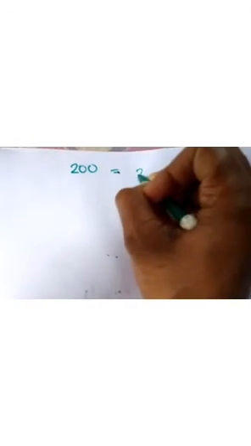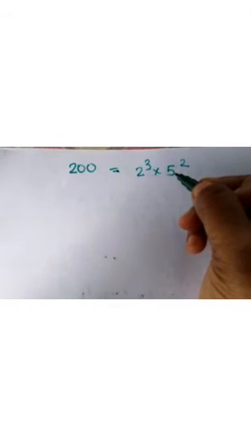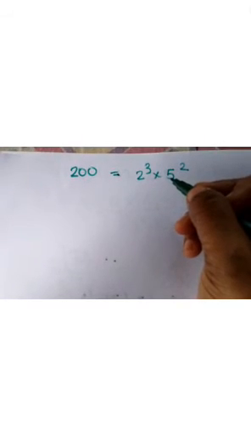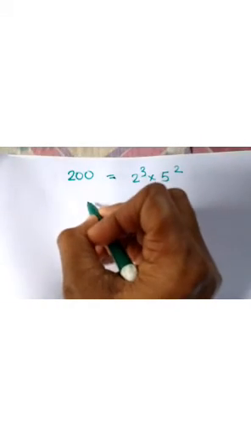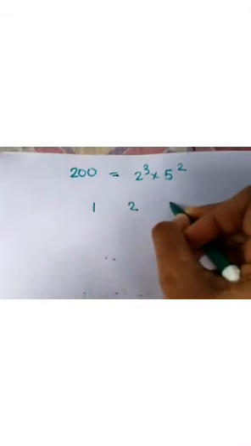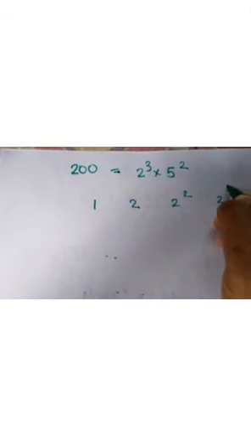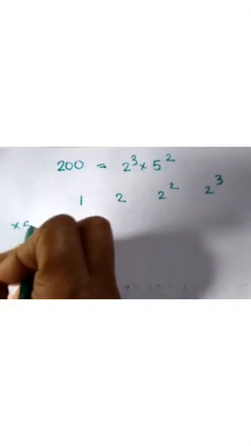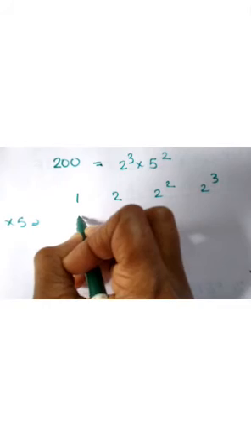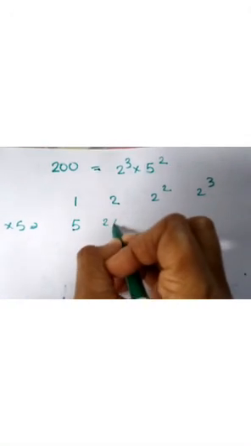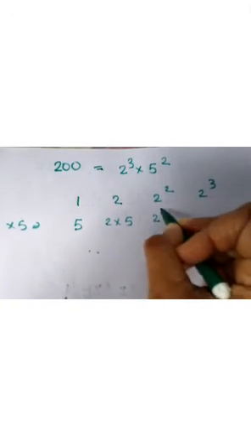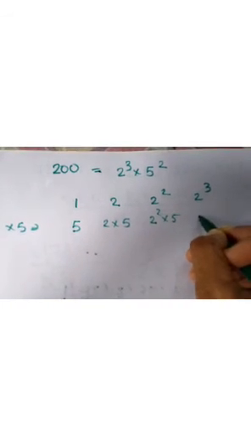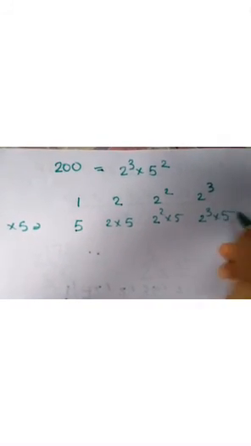Next, 200. When we prime factorize it, we get 2 raised to 3 times 5 raised to 2. Okay, we can list the factors in order like this. First 1, 2, 2 squared and 2 raised to 3. Next, we first multiply by 5. So when we multiply by 5, we get 2 times 5, 2 raised to 2 times 5, and 2 raised to 3 times 5.